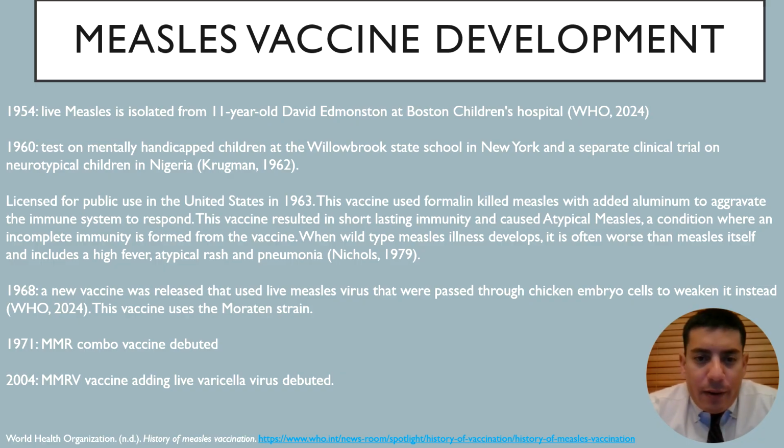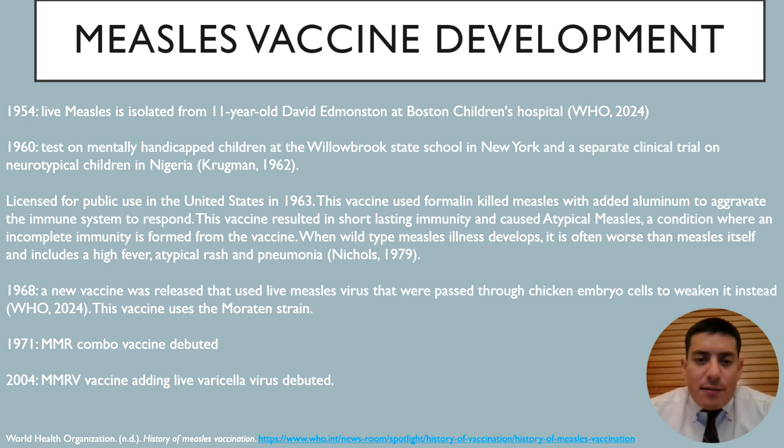So thankfully, there is a vaccine. This vaccine was first started in 1954 when scientists isolated the strain from a boy named David Edmondson at the Boston Children's Hospital. They conducted trials in the 1960s that had some ethical lapses, but they were able to license a vaccine in 1963. Unfortunately, that wasn't as effective as they wanted and had a nasty side effect called atypical measles.